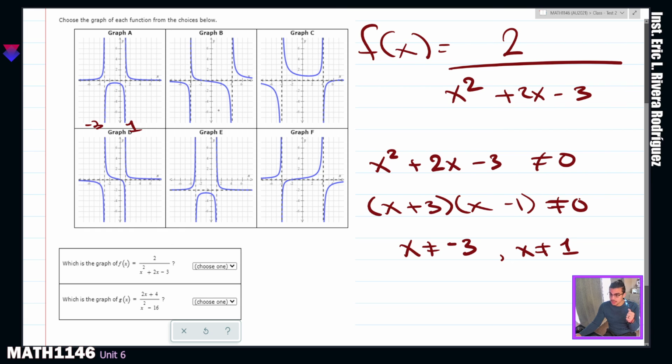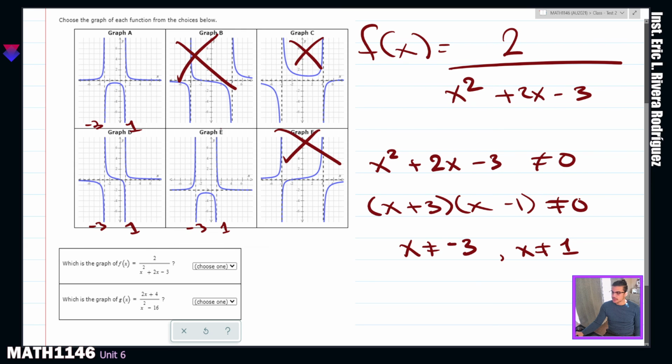So A is 1, this one is negative 4 and positive 4, so B is not the graph of f, neither is C. Here I have 3 and 1, so it could be B, it could be A, it could be D. E is also a possibility, negative 3 and positive 1. F is not the graph of f. All right, so we have just shortened the options to A, D, and E.